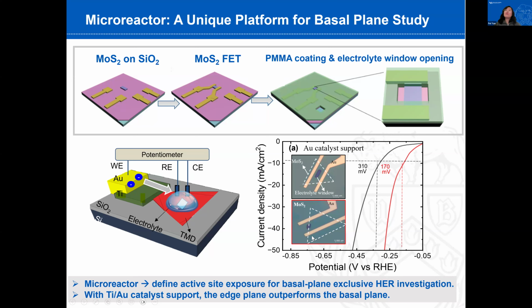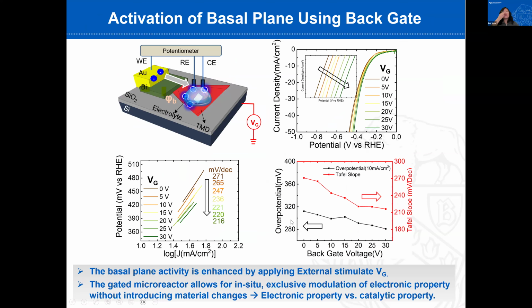So from this particular example, we exclusively demonstrate that the basal plane did have poor activity compared to the edge side, okay? So the next question is, how can we activate the basal plane?